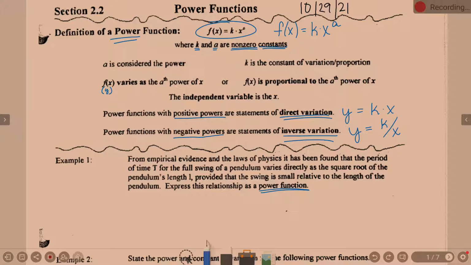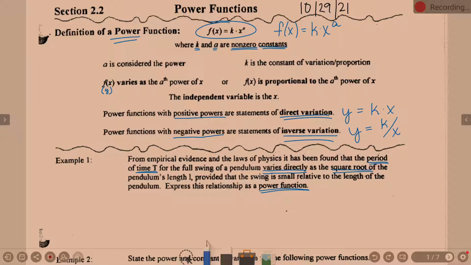So, my recommendation, let's go back and reread it again, right? From empirical evidence and the laws of physics, it has been found that the period of time t, right there, did you catch that? Period of time t for the full swing of a pendulum, what does it say? Varies directly as the what?